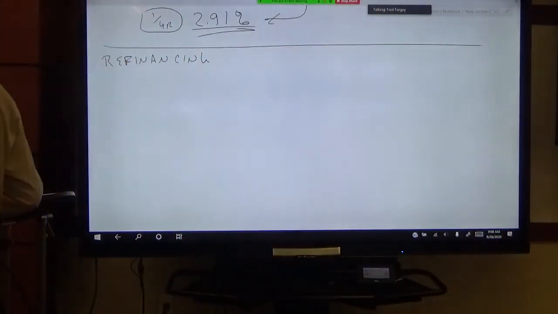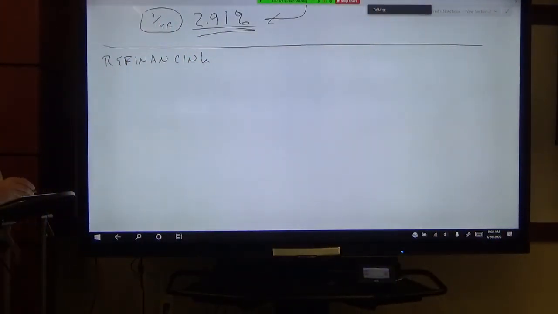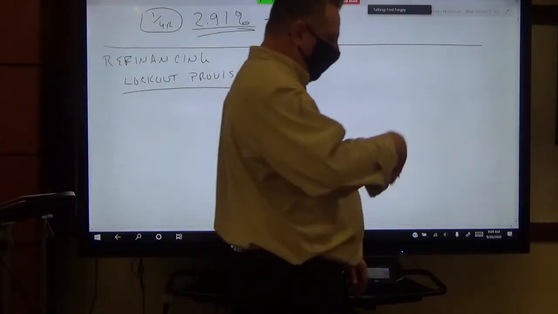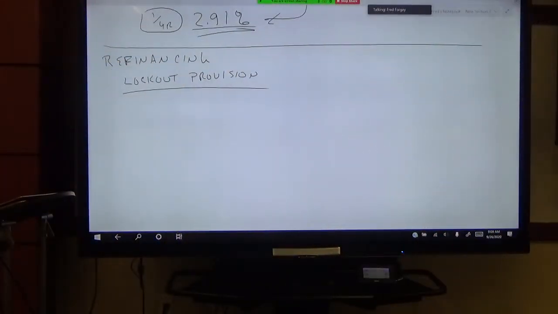There may be what is called a lockout provision on some commercial loans that actually work to keep you from prepaying the loan. You're saying, how can a lender keep me from prepaying a loan? Well, they basically can say to you, please don't prepay the loan.